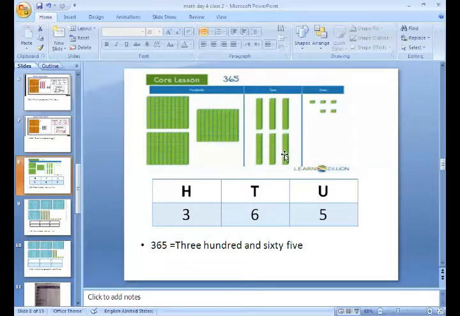There are 6 blocks of tens. So you will write 6 at the tens place. Then you will count how many blocks of ones there are: 1, 2, 3, 4, 5. There are 5 blocks of units. So you will write 5 at the unit place. So these blocks show the number 365. You will write this number in words: 365.